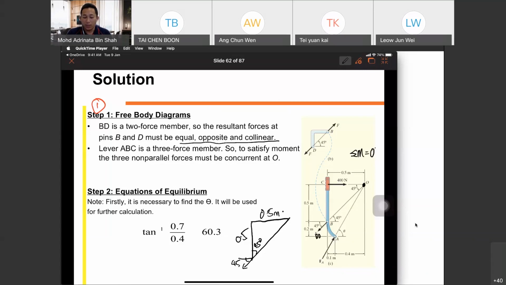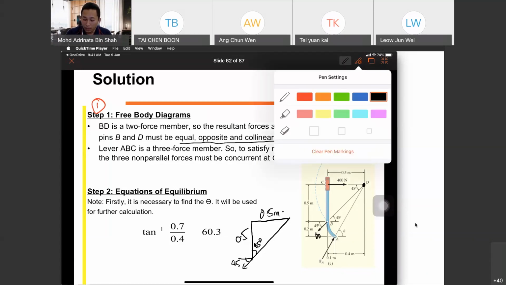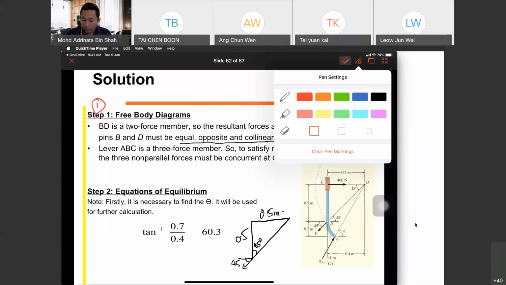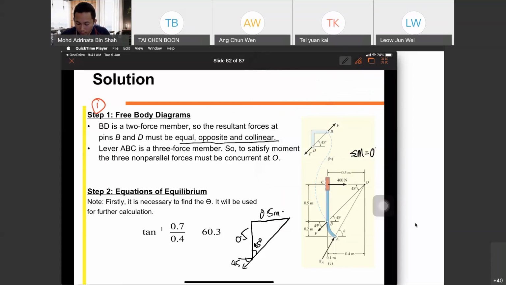So from this one, we want to know our theta.